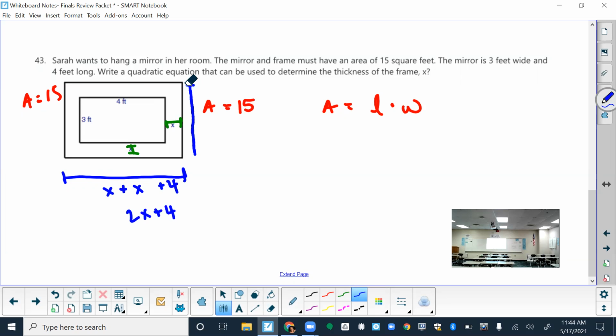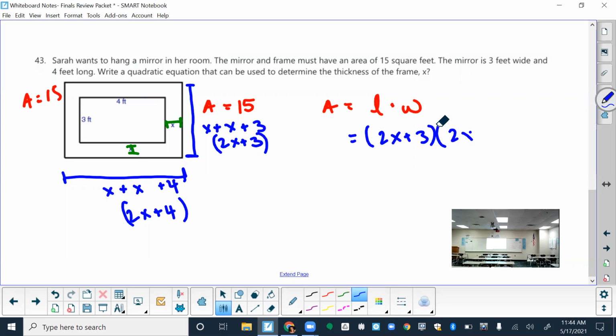And then over here, the length is X plus X plus 3. So really it's 2X plus 3. So here's my length, here's my width. We plug that into our formula for area. So it's 2X plus 3 times 2X plus 4 equal to the area, which is 15.